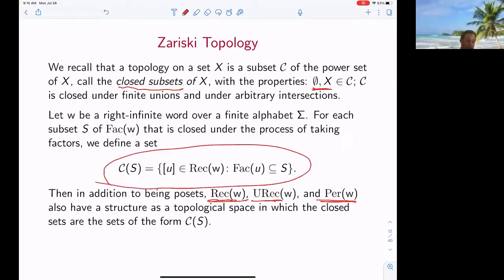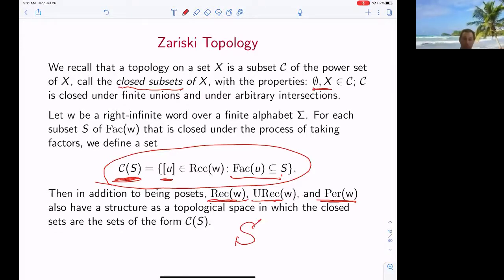You take a set of words that's closed under the process of taking subwords, you call that S, and you can construct a closed set, which is all words whose factor set is contained in S. What you can check, and this is sort of just like the Zariski topology, is that these are topological spaces.